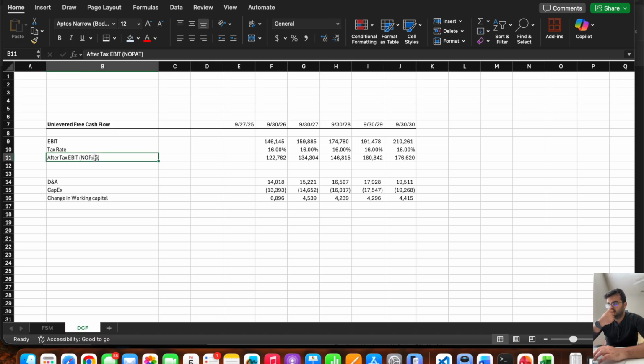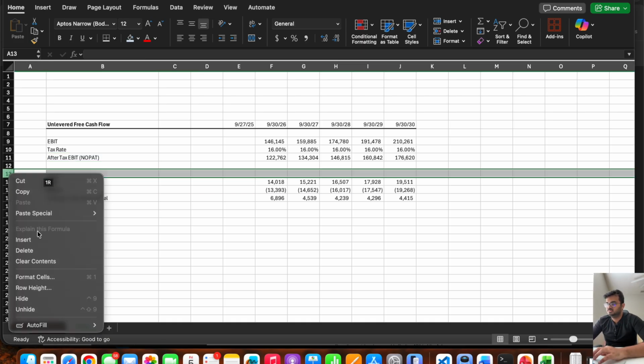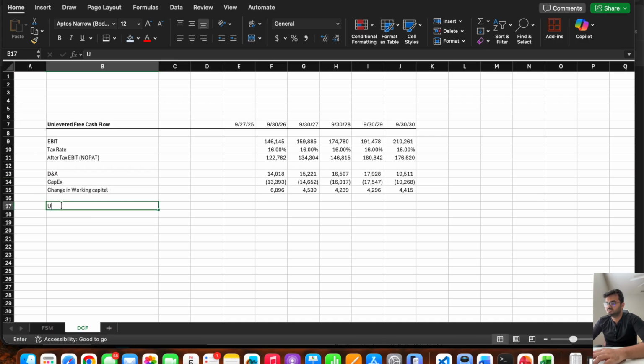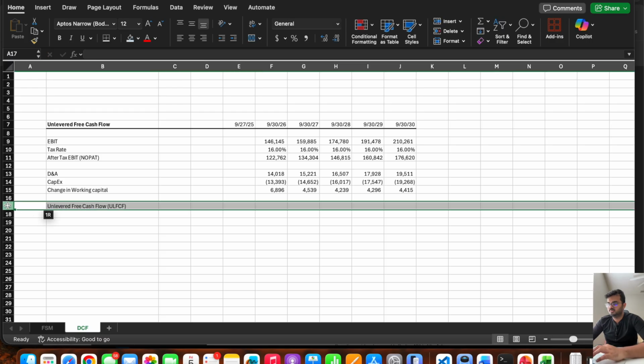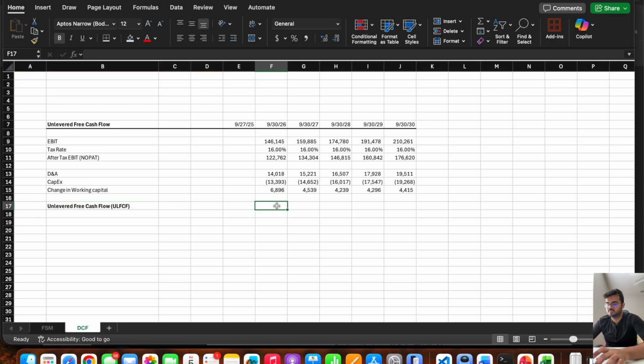So now I got pretty much all the numbers to calculate the unlevered cash flow. So now I'll just do unlevered free cash flow. I'll put it in bold because this is the first output we need.